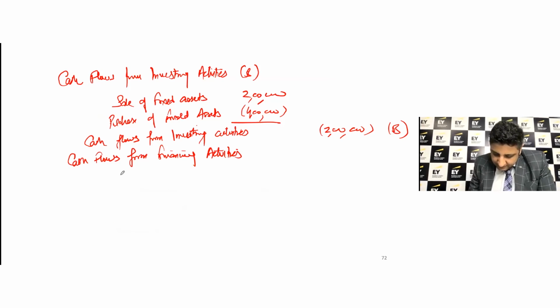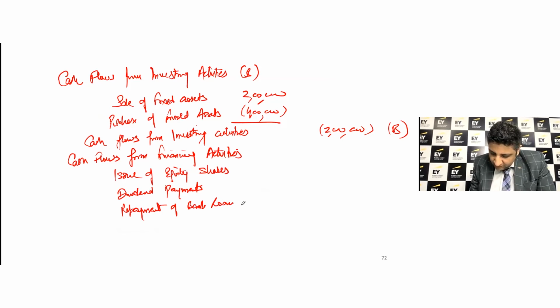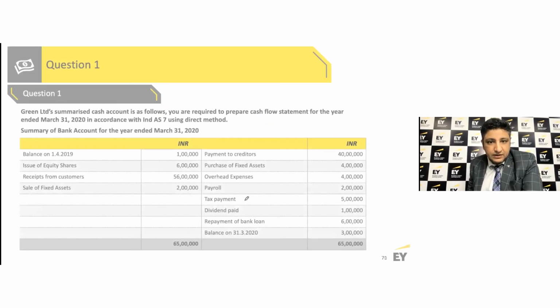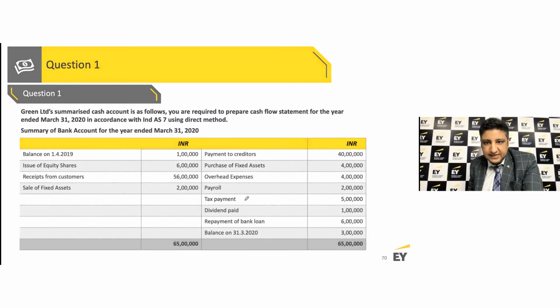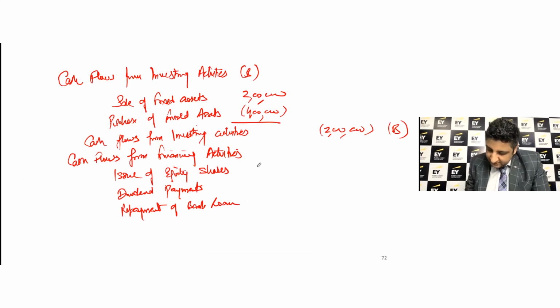So we are saying issue of equity shares, and then dividend payments, and also repayment of bank loan. So 6 lakh is the shares, and then we have 1 lakh as dividend, and repayment of loan is 6 lakhs as well.